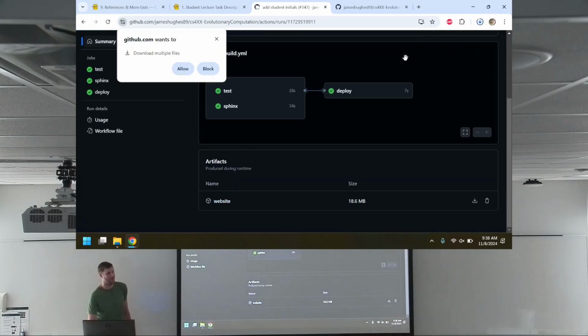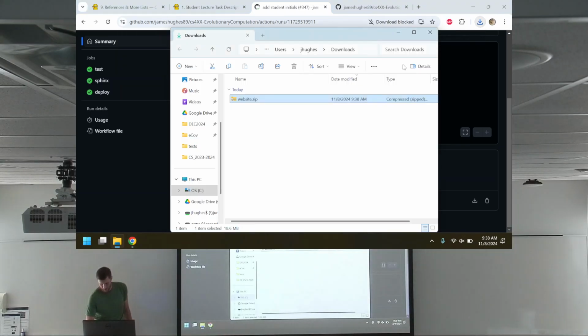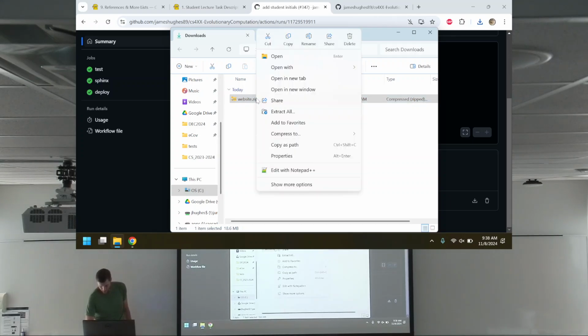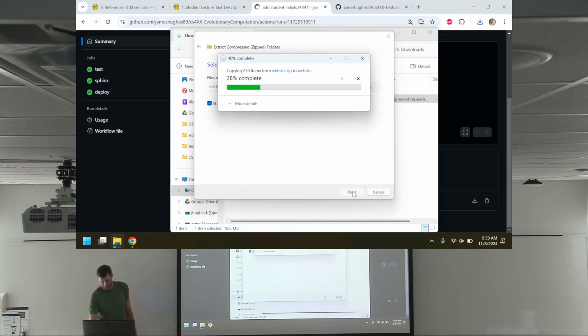It'll be a compressed file. You unzip it, and then you can open it locally. Let me show you, just in case. Raise your hand if you don't know what a zip file is. You can be honest. Okay, good. You extract it wherever you want. I'll just extract it here for testing purposes. It's taking a while.